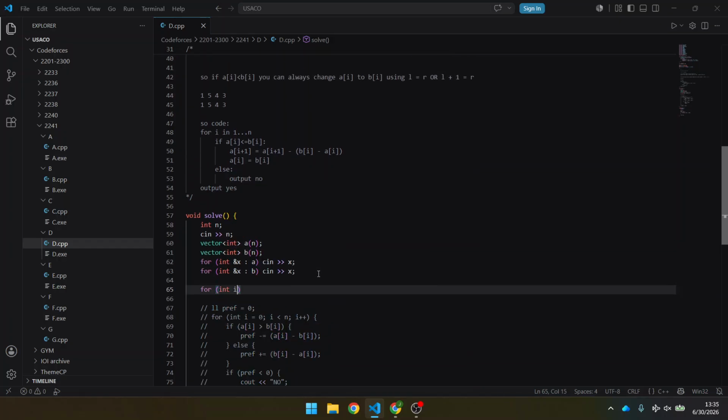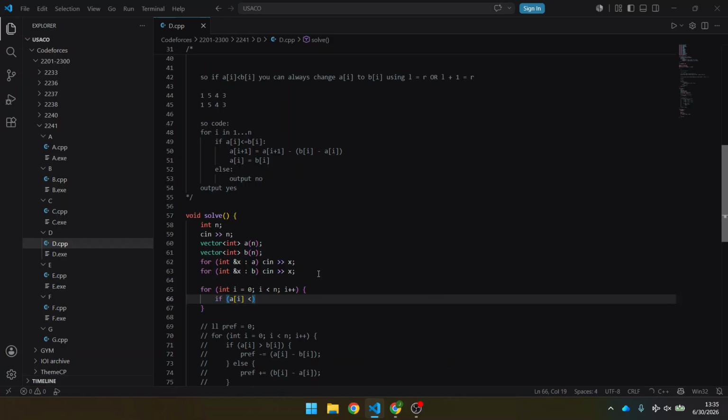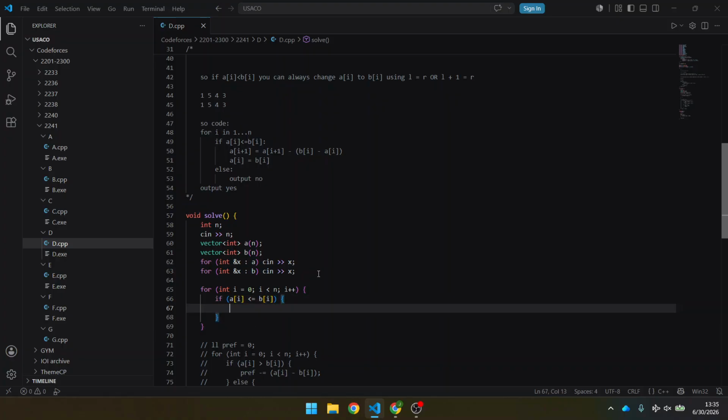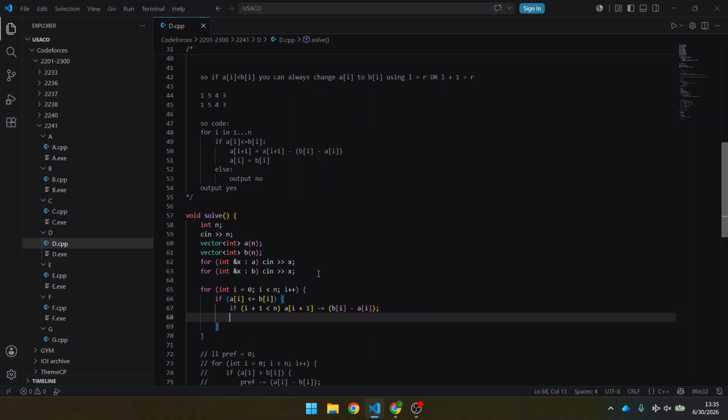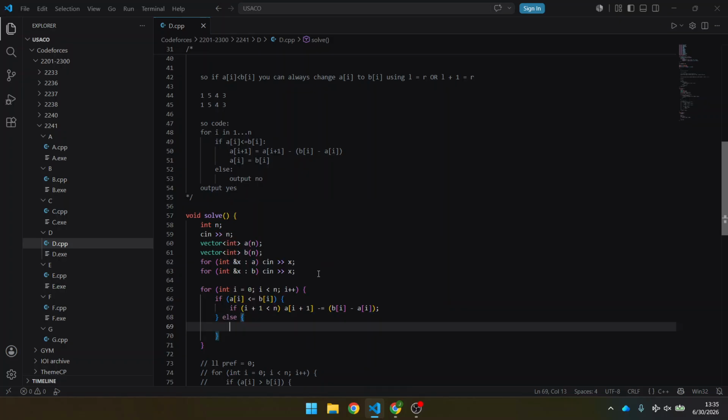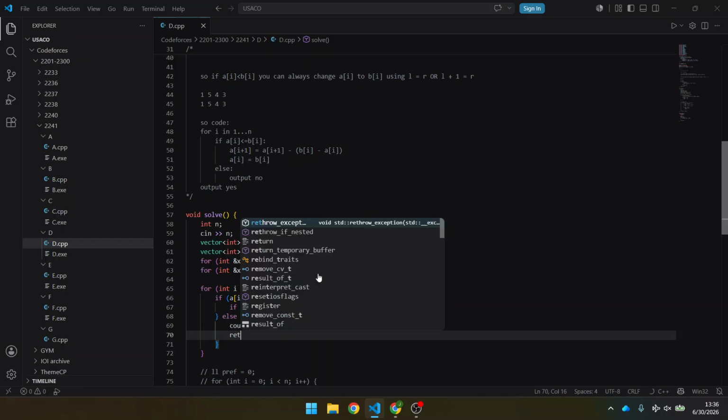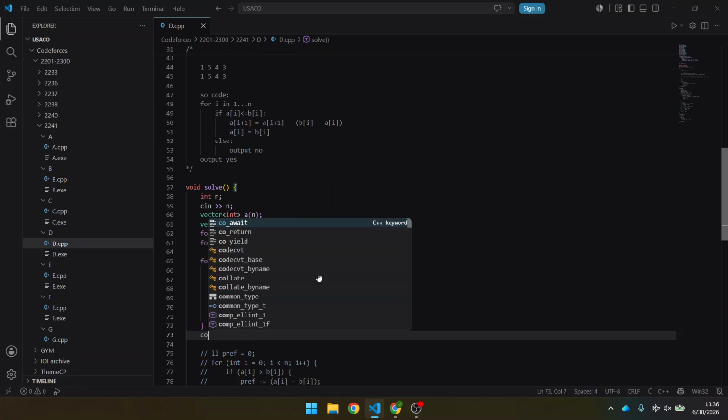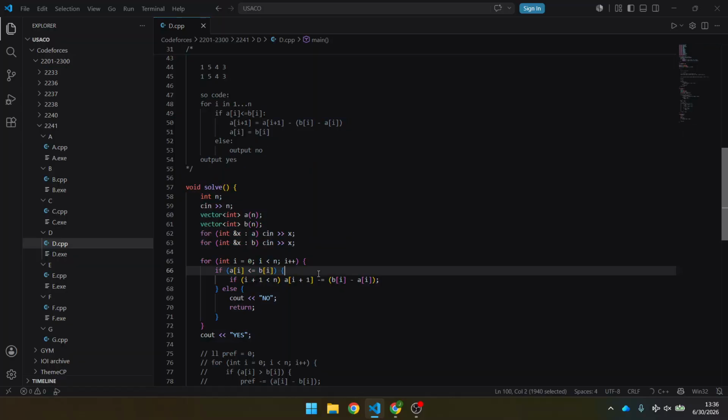Let's see. Minus equal to bi minus ai. A equals equal to bi, we don't need that. Else, cout no. Return. cout yes.